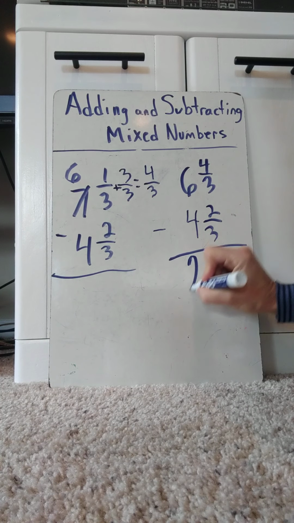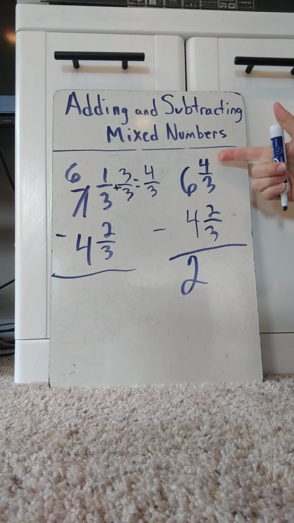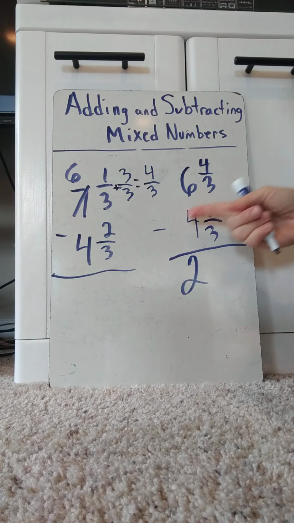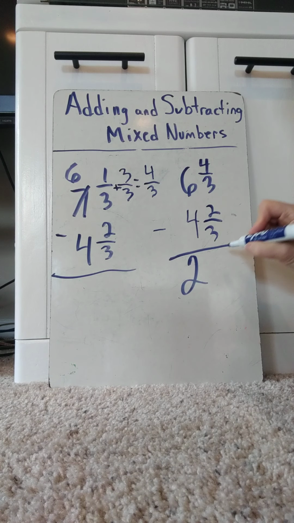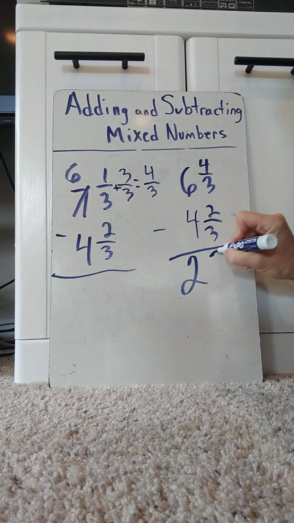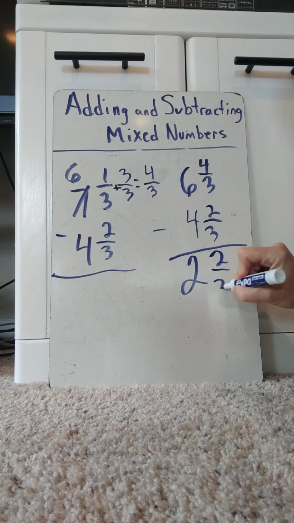Well, we know that's 2. Now I'm going to subtract my numerators. 4 minus 2, what does that equal? Well, we know that equals 2. And we stay in thirds. So the answer to this problem is 2 and 2 thirds.